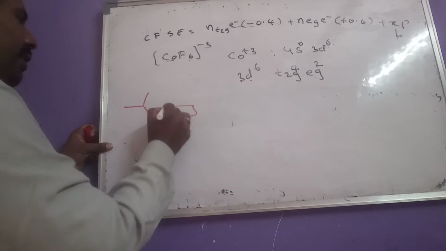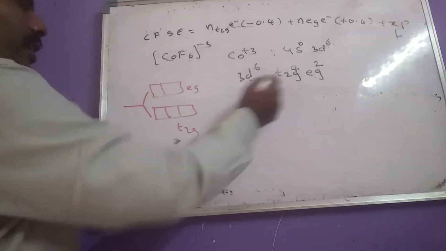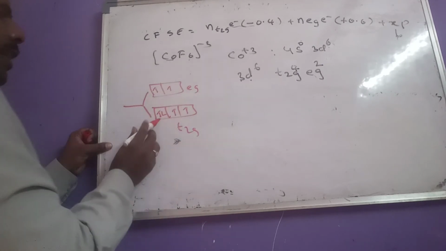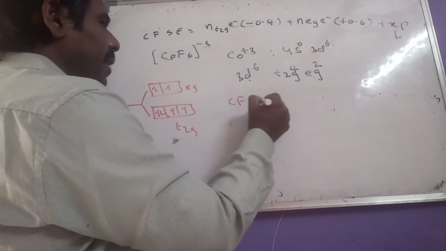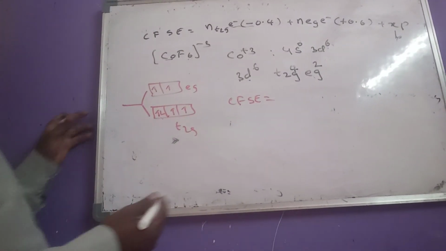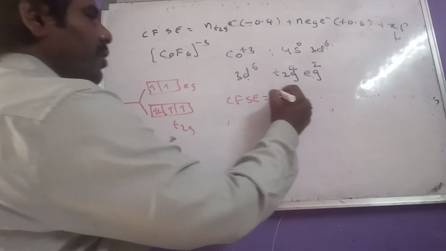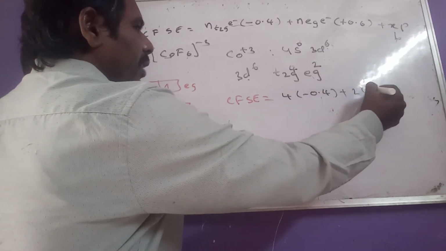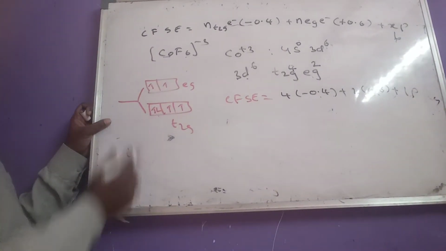t2g4 eg2 means we can draw the structure like this. Let this be the t2g orbital, and let this be the eg set of orbitals. t2g4 means 1, 2, 3, 4, with 2 electrons here. That means one pair is newly formed. Therefore, the crystal field stabilization energy equals what? The number of t2g electrons is 4, so 4 times minus 0.4, plus 2 times 0.6, plus 1p, because one pair is newly formed here.